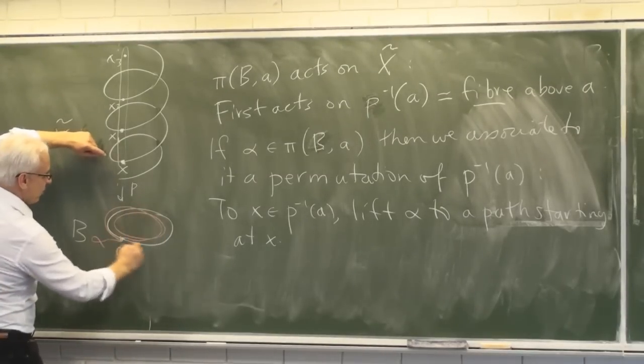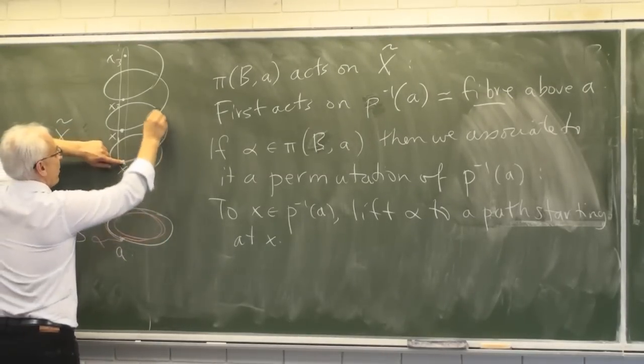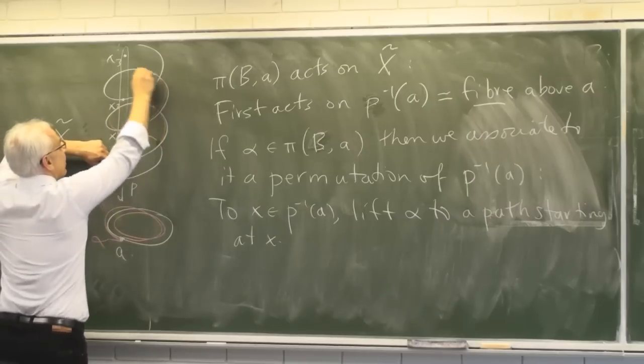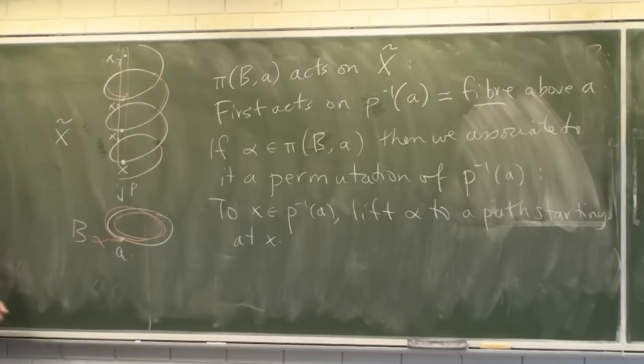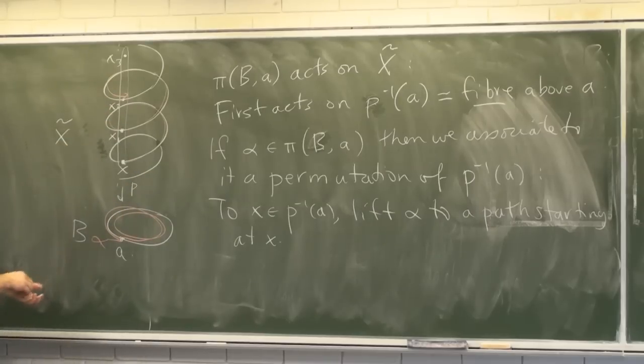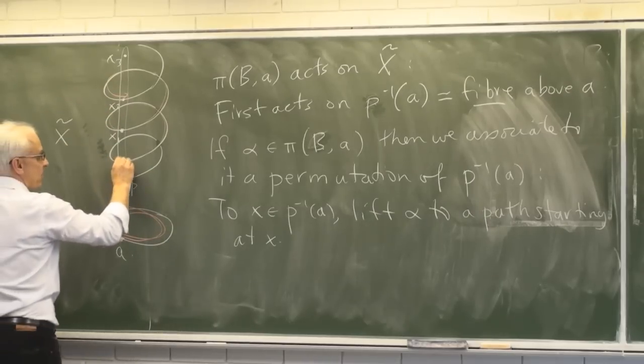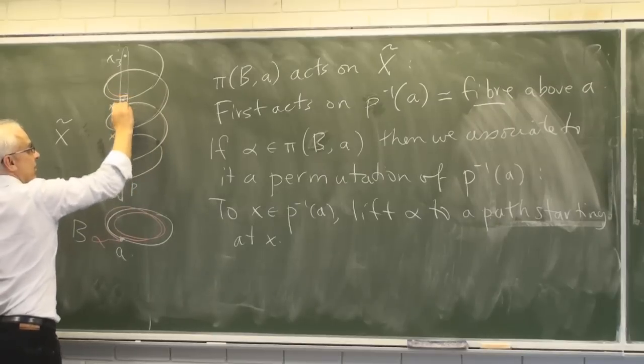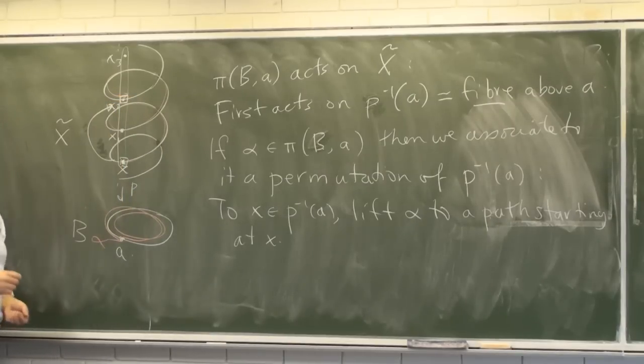Namely, as we go around once, twice, we go around once, twice. There's the lift of the path alpha to the universal cover. It's no longer a loop. It was a loop down here, but it's no longer a loop here. Here, rather, it's taken us from the point X to the point, in this case, X2.